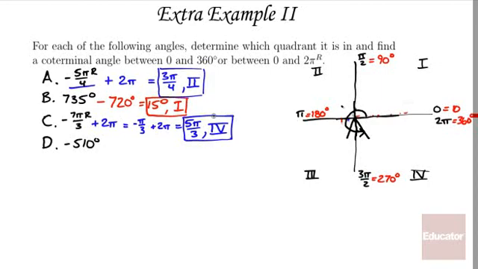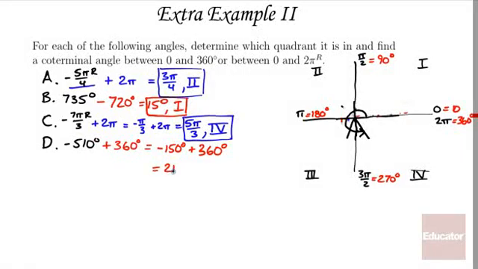Finally, negative 510 degrees. Where does that one end up? Well, that's definitely less than 0, so we'll add 360 degrees. And we'll end up with negative 150 degrees. Still less than 0 there, so we'll add another 360 degrees.